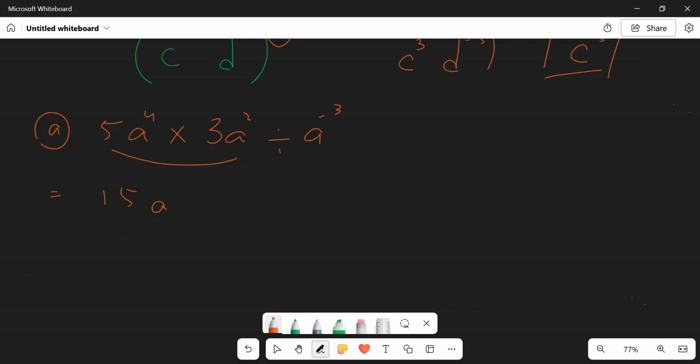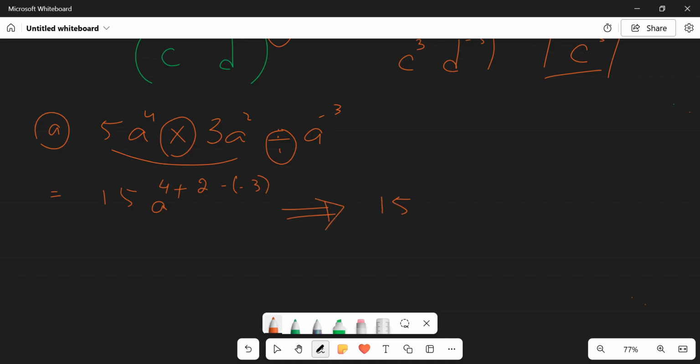It's a multiplication sign, so the powers add: 4 plus 2. Now here it's a division, so the division turns into minus, but the power of a is already negative, so I'm just putting this in the bracket. Now solve it, so easy.